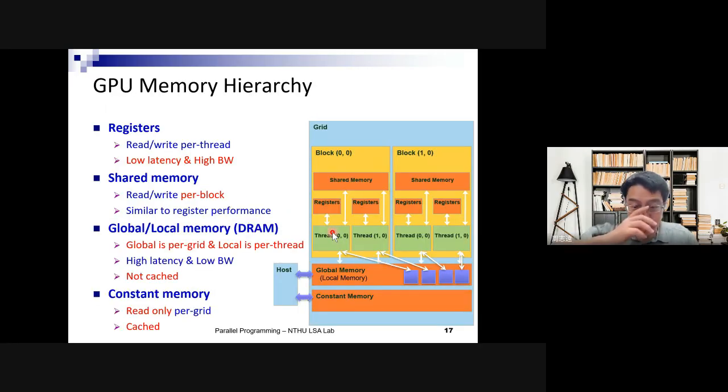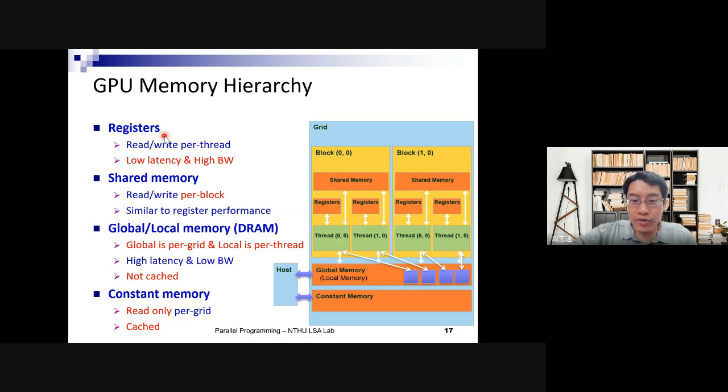All right. So first of all, the memory hierarchy we have includes, at the highest level, the registers. As you can imagine, register is per thread scope, so every thread has a set of registers. And we mentioned that the register actually is a physical thing.